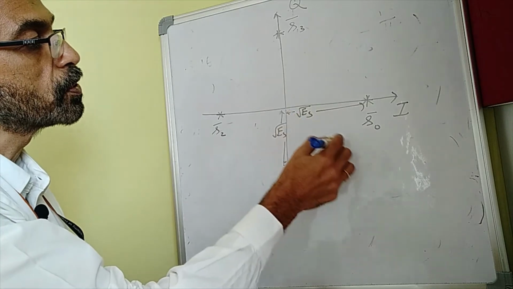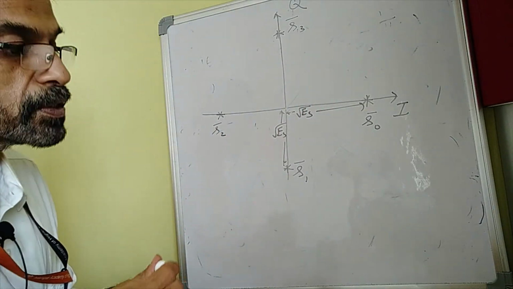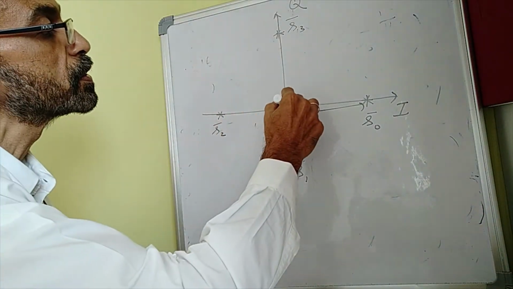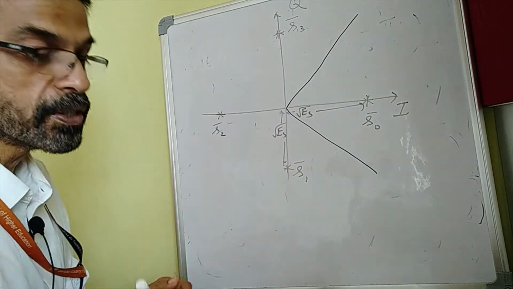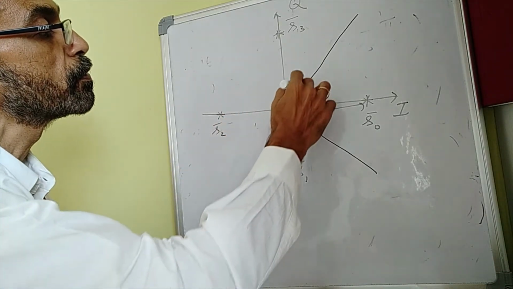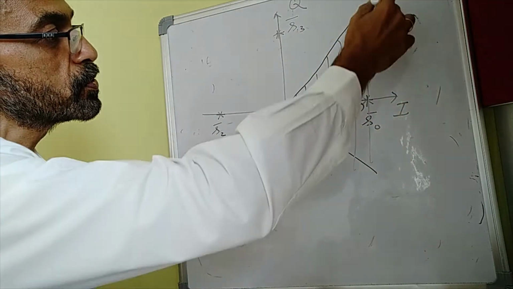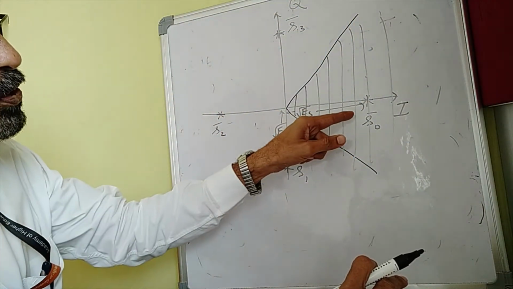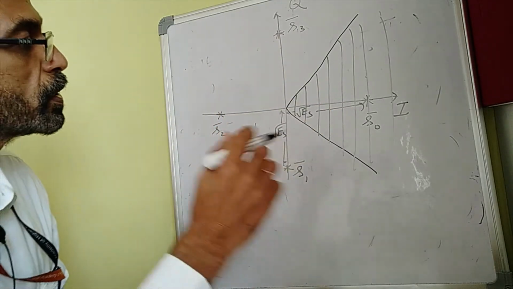So this will be the decision region for the symbol S0. What we mean by that is that all the points in this region will be closer to S0 compared to the other points.